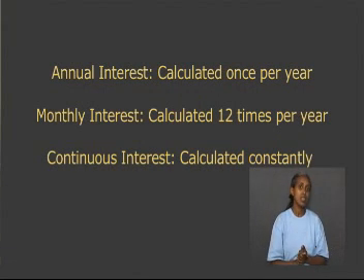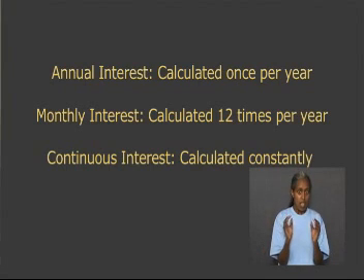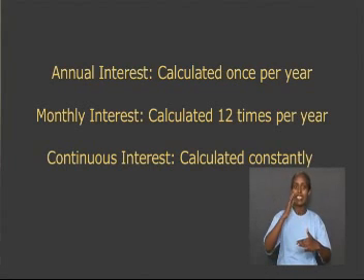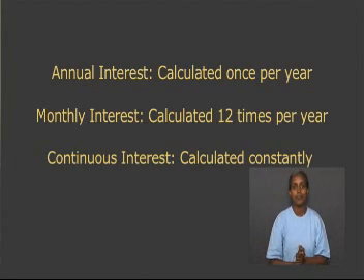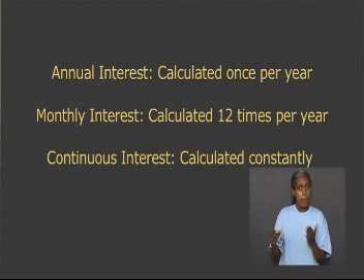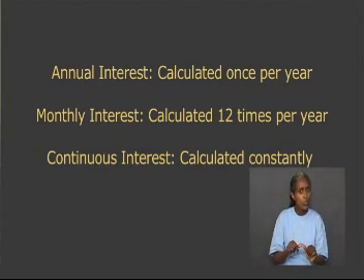If interest is calculated once a month, this is called monthly interest. Some banks even calculate continuous interest. Let us see how 1 bir grows for 1 year at 100% annual interest.